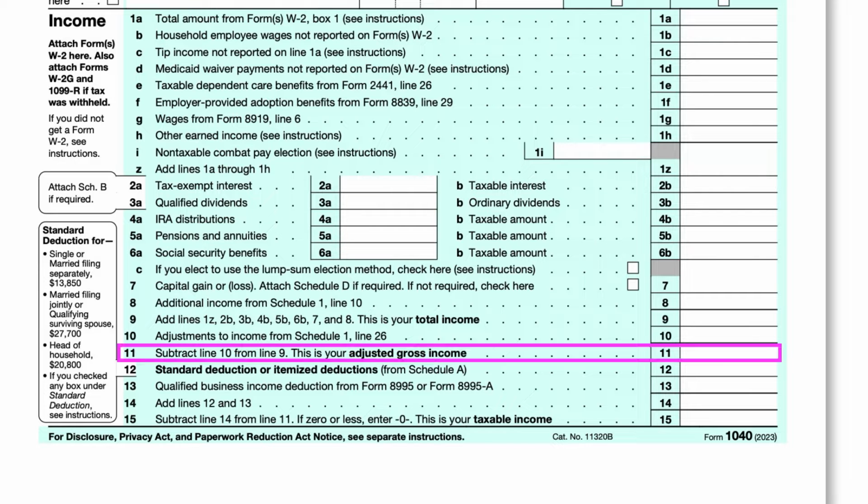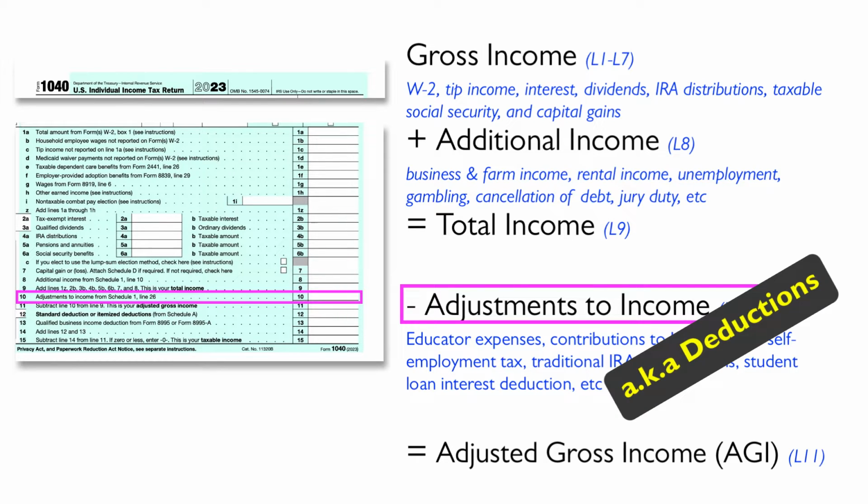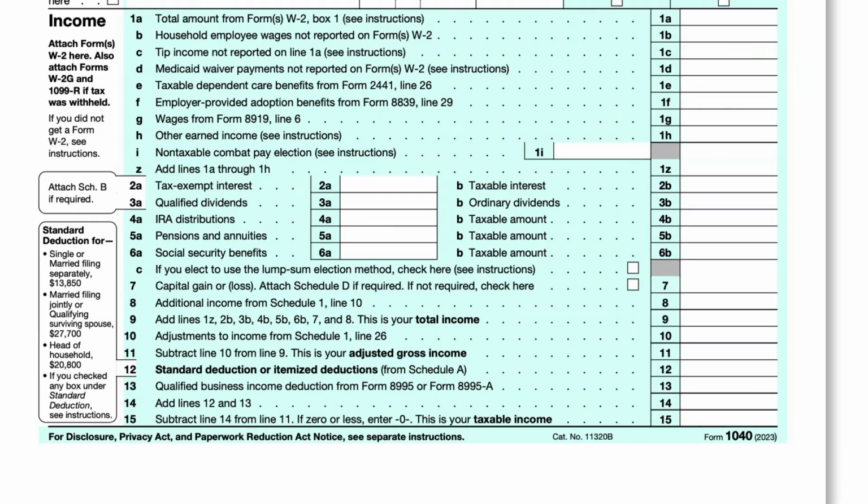Before we derive our AGI on line 11, we can subtract certain expenses called adjustments to income, otherwise known as deductions. You can subtract from your gross income such items as educator expenses, contributions to HSA, deductible part of self-employment tax, traditional IRA contributions, student loan interest deduction, etc. Each of these deductions has its own qualification criteria, but if you are eligible, you can subtract them from your gross income to arrive at AGI.